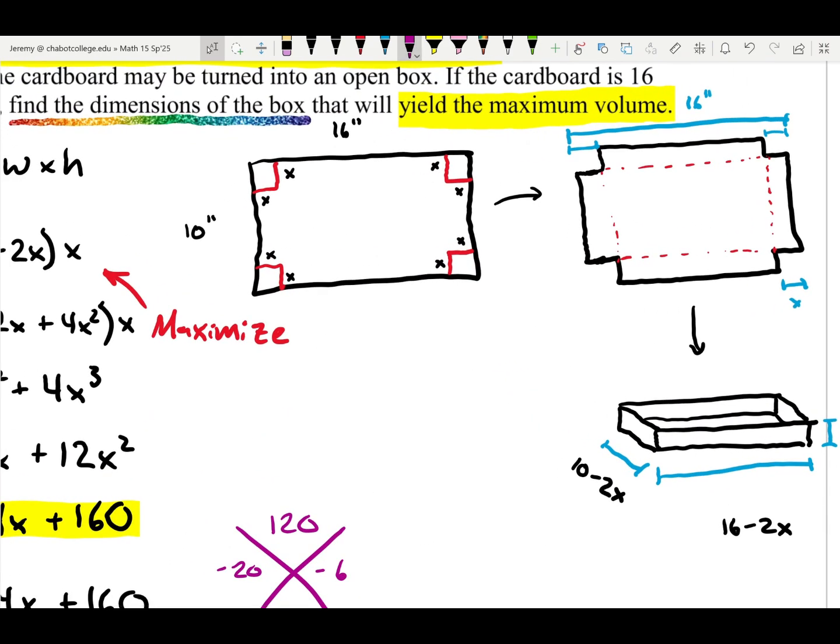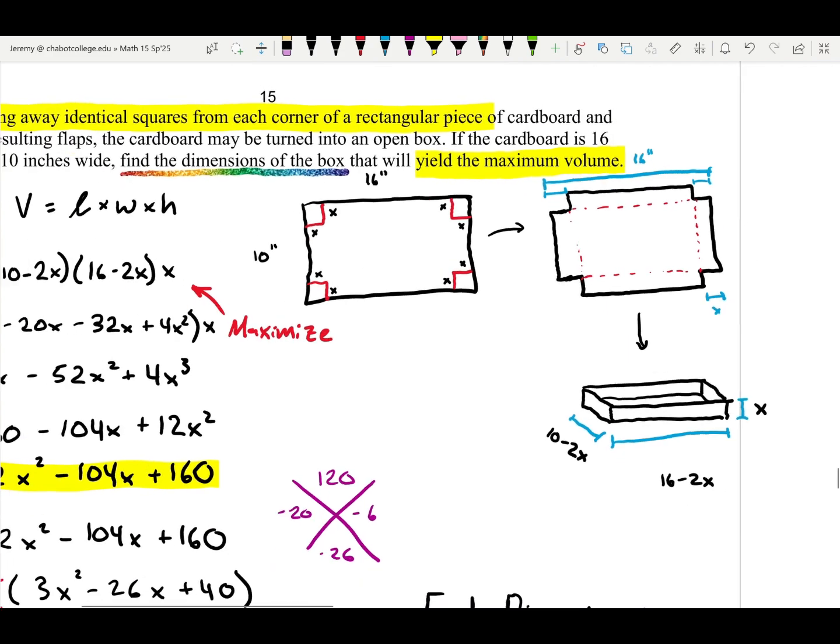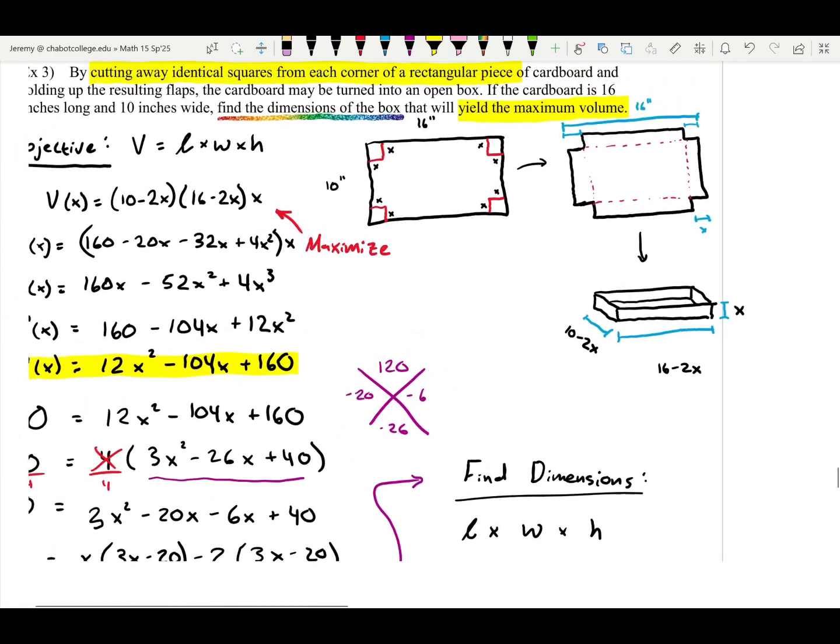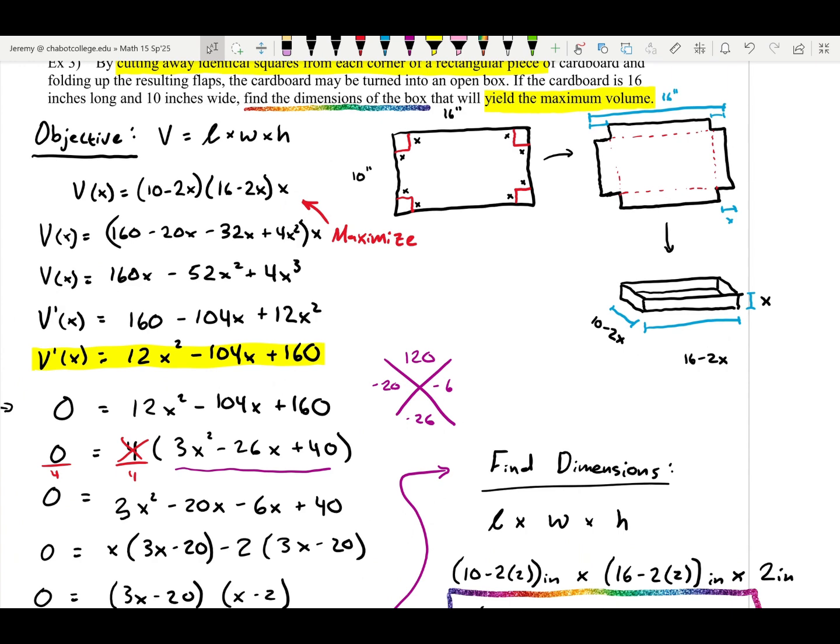Well, if this whole length right here is 10 inches, and I made a cut here that was over 6 inches, and I made a cut over here that was also over 6 inches, see how that would not make any sense at all? We wouldn't have a flap at the end of making those 4 cuts at those 4 corners. So that's a nonsensical answer anyway in terms of the application. So I'm not surprised at all that that critical number was not relevant or useful or a part of our answer.